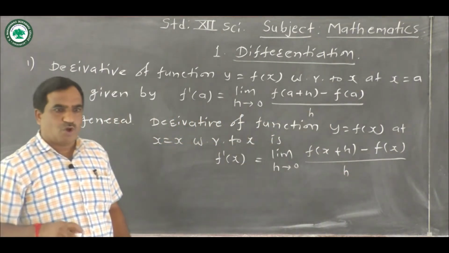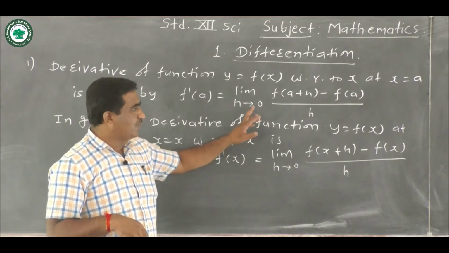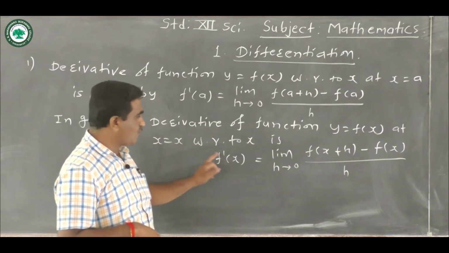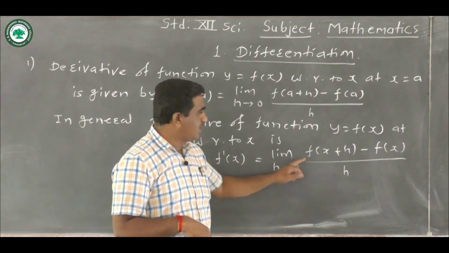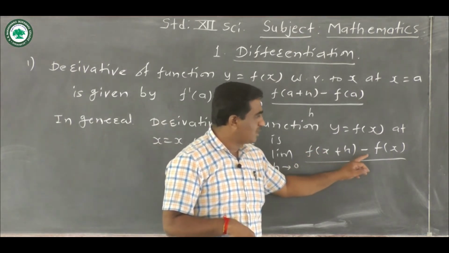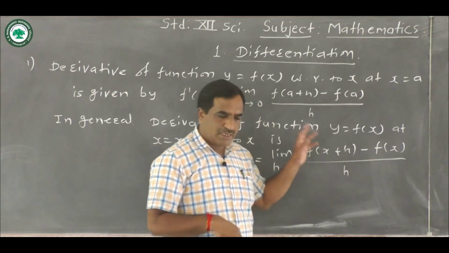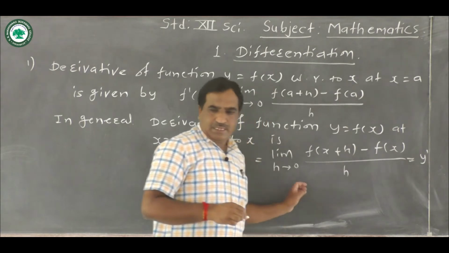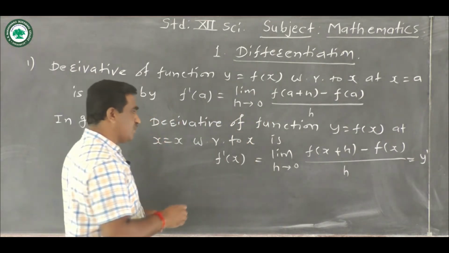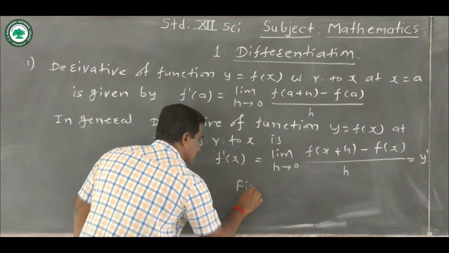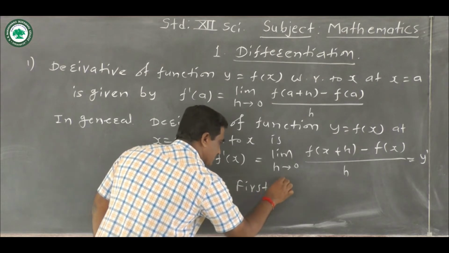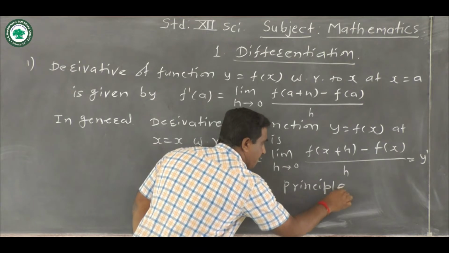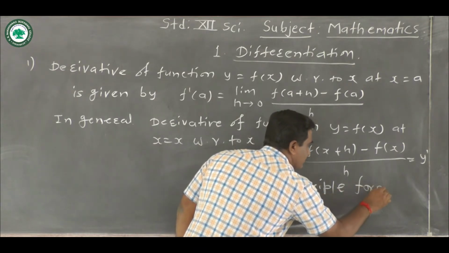This is the derivative of function y with respect to x at point x equal to x. This is also denoted by y dash. This formula is also called as first principle formula.